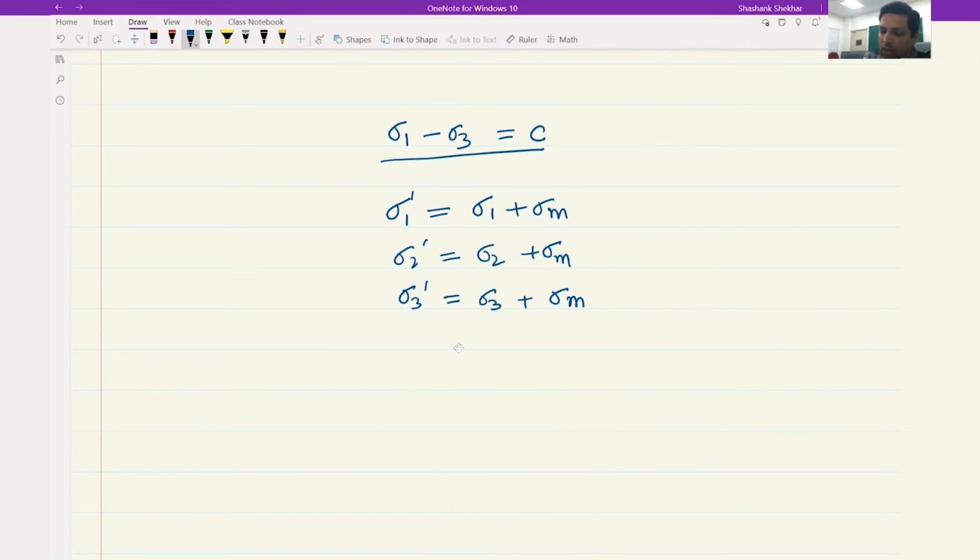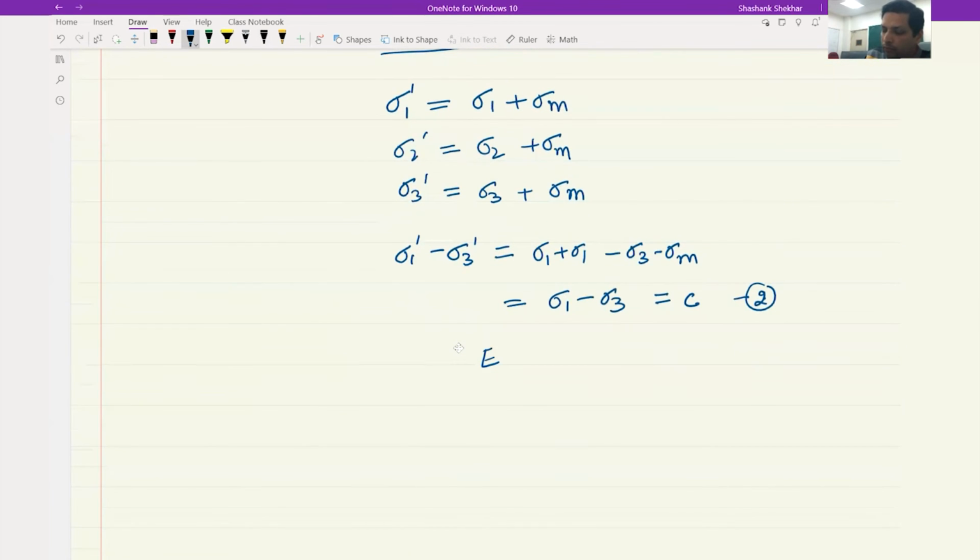This is sigma 1 prime minus sigma 3 prime, but sigma 1 prime is equal to sigma 1 plus sigma m, and sigma 3 prime is sigma 3 plus sigma m. So this is equal to sigma 1 minus sigma 3. So this is the same as equation 1. Equations 1 and 2 are the same.